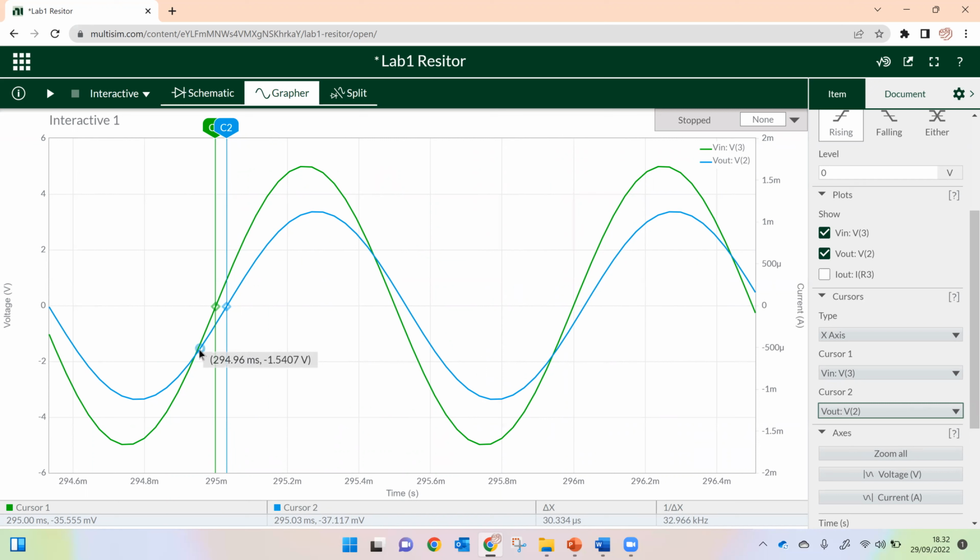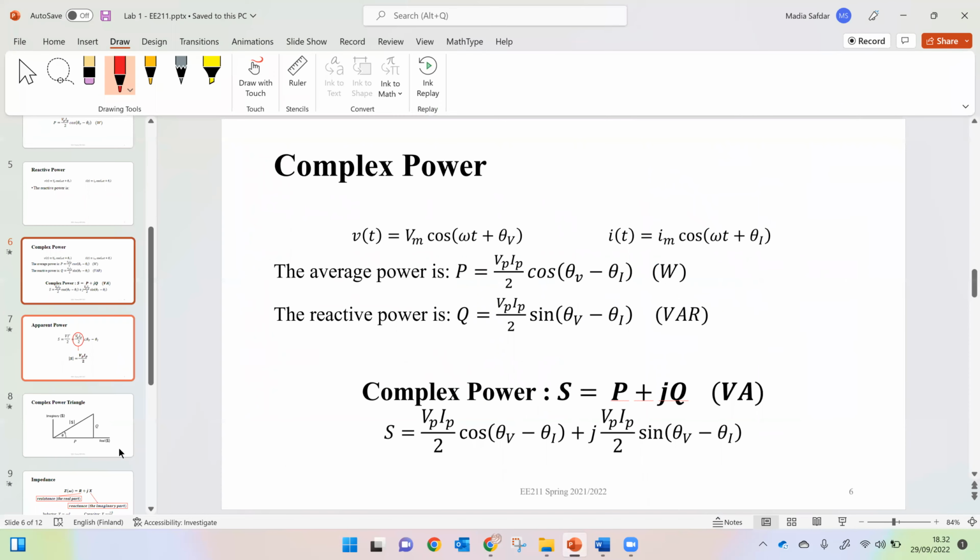Now look, there is a phase difference. Now output voltage, as this green one is crossing 0 first, the blue is crossing 0 second later, so it means that input is leading. Okay, so now let's see what is the delta x here. This is 30.334. For this, I will go here.